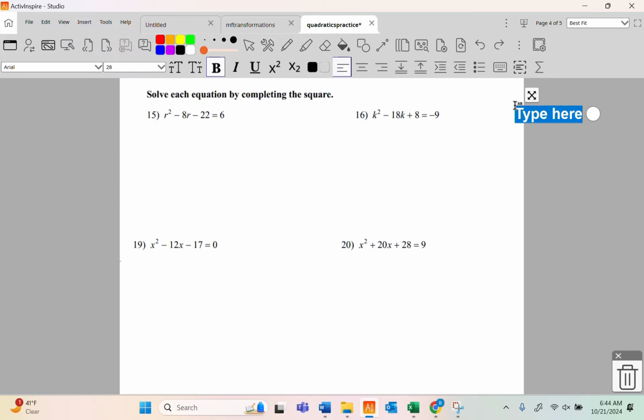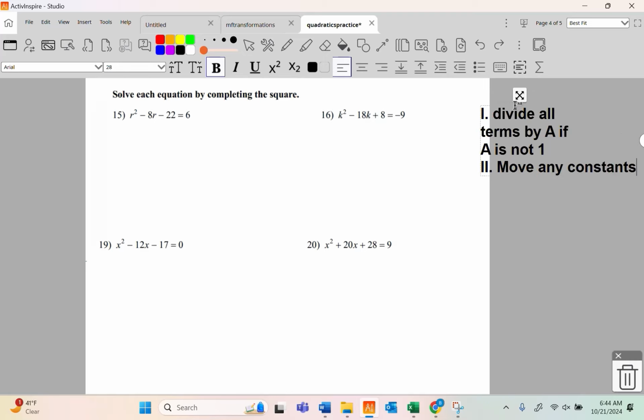So let's talk about your steps for completing the square. First step is to divide all terms by A if A is not 1. And on all these it is. Second step is to move any constants to the right-hand side.